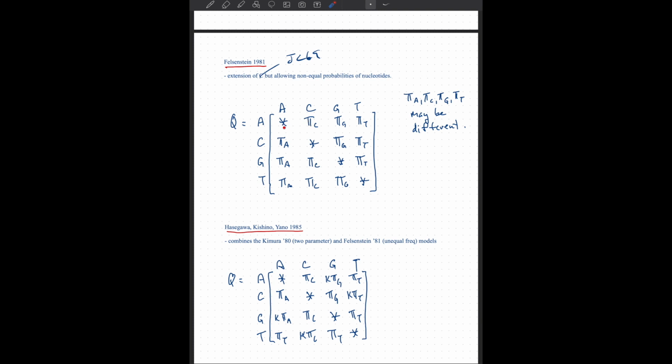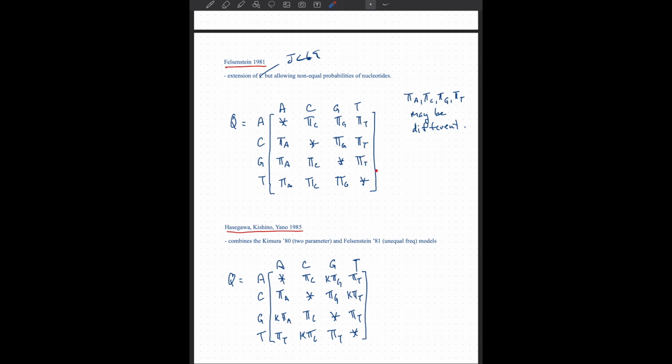I'm sorry. It's negative. I just made the mistake. This is not a probability transition matrix of a Markov chain. It's the rate matrix, and so this is actually minus the sum of pi C, G, and T.